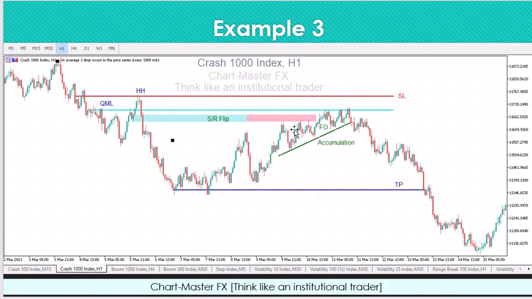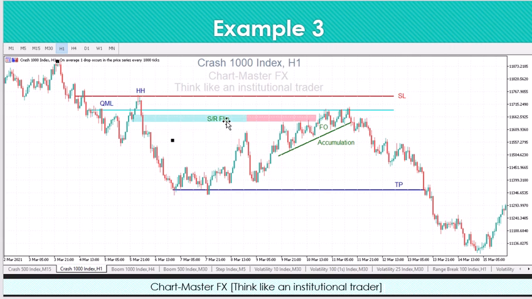So we can see also here that we had a resistance of 1, 2, 3 touches, and we can see that we had a fake out here, and we can see also that we had a support here which turned to resistance. So we have an SR flip.